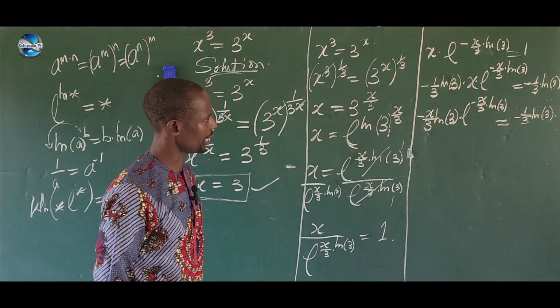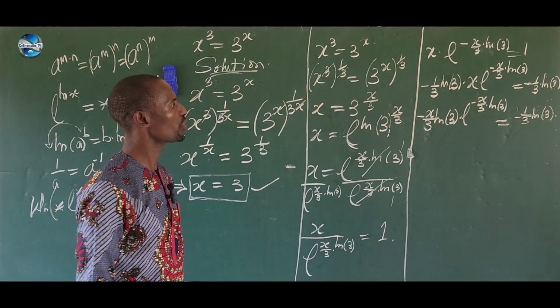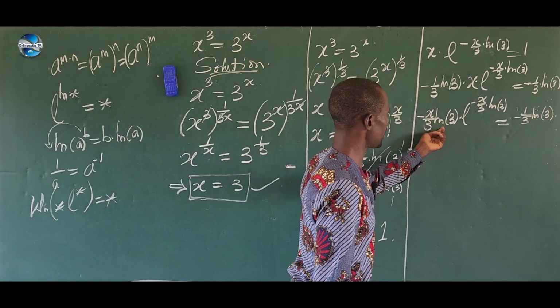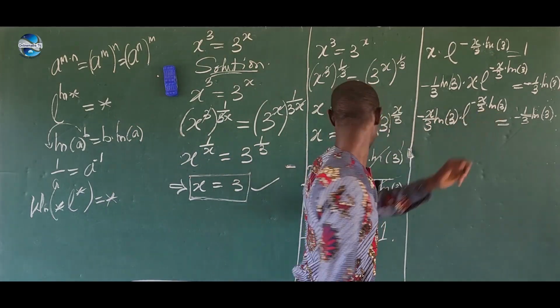Okay, we are heading somewhere, right? Good. So with what we have here now, you discover that what we have at the base here, same thing we are having at the top there.